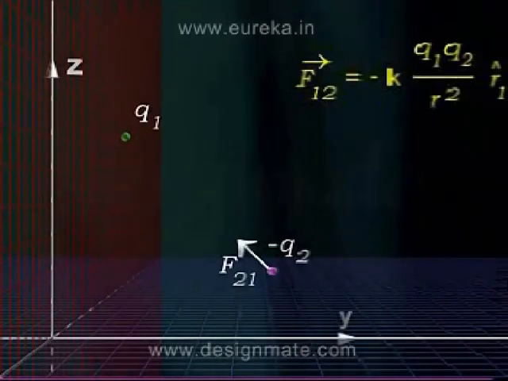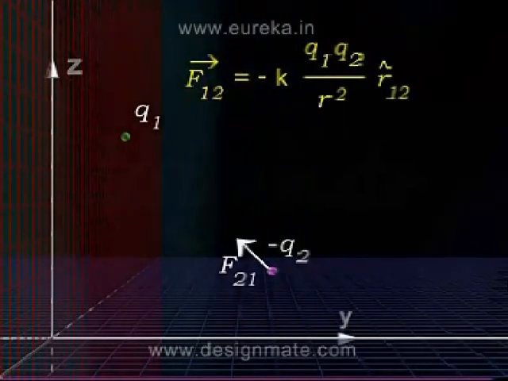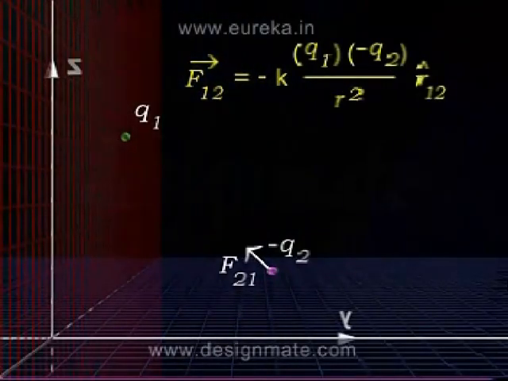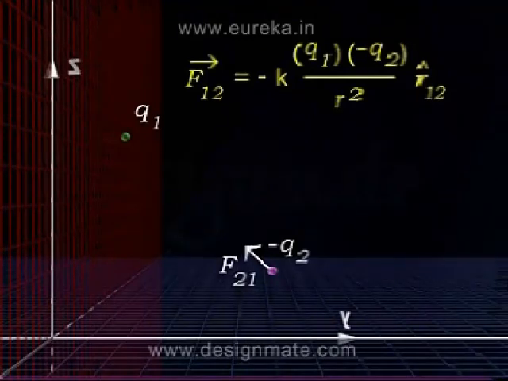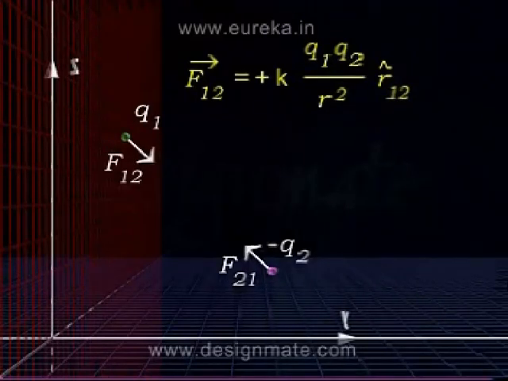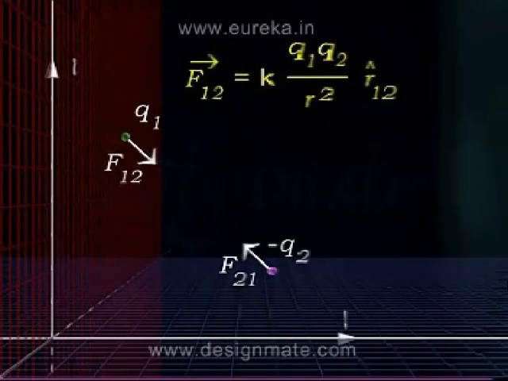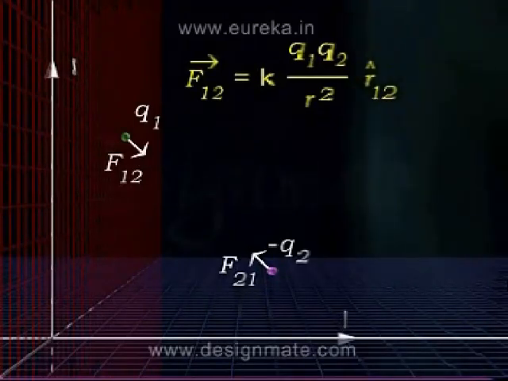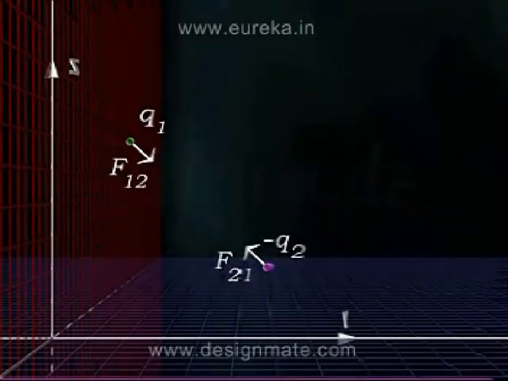And vector F12 is equal to minus K into Q1 into minus Q2 upon r square into r cap vector 12. Therefore, vector F12 is equal to K into Q1 Q2 upon r square into r cap vector 12. These forces are shown in the figure.